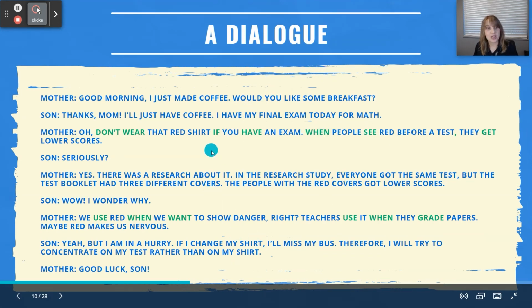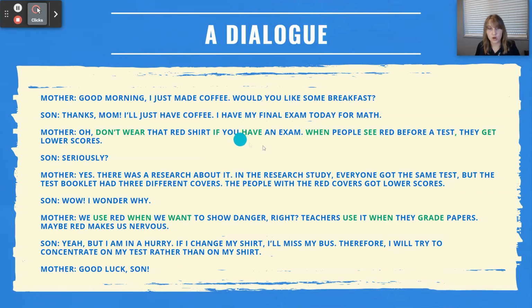So if you look at this dialogue, it's a long one. But if you look at the phrases and words that are highlighted in green color, you will notice how we are using our conditional zero. Mother says, "Don't wear that red shirt if you have an exam." So she's starting with the result, and then she continues with the condition.